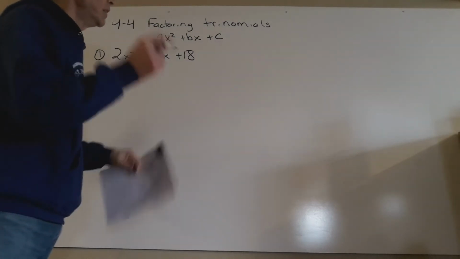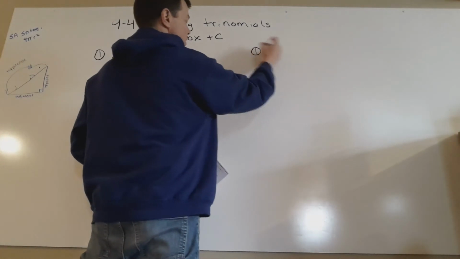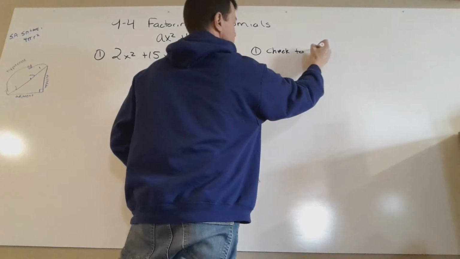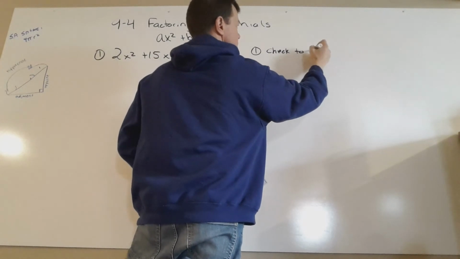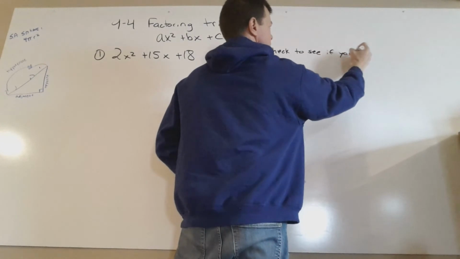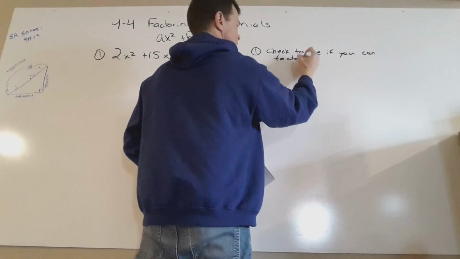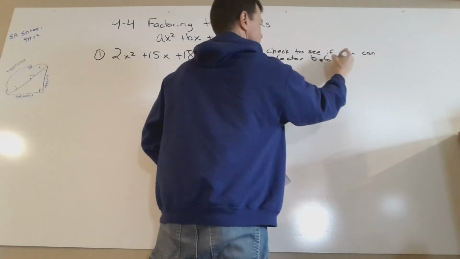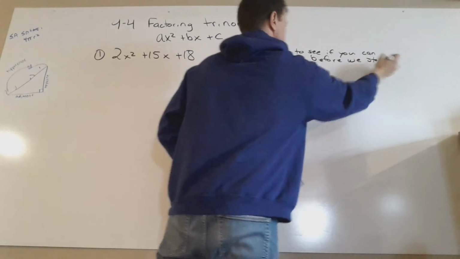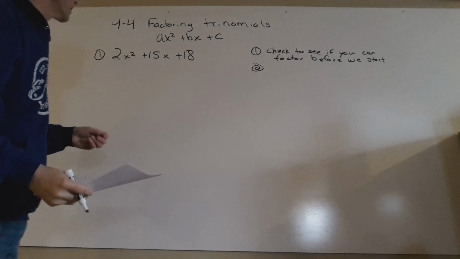So first of all, check to see if you can factor anything out before we start. In this case, there's a no, so we're just going to continue on to the next step.